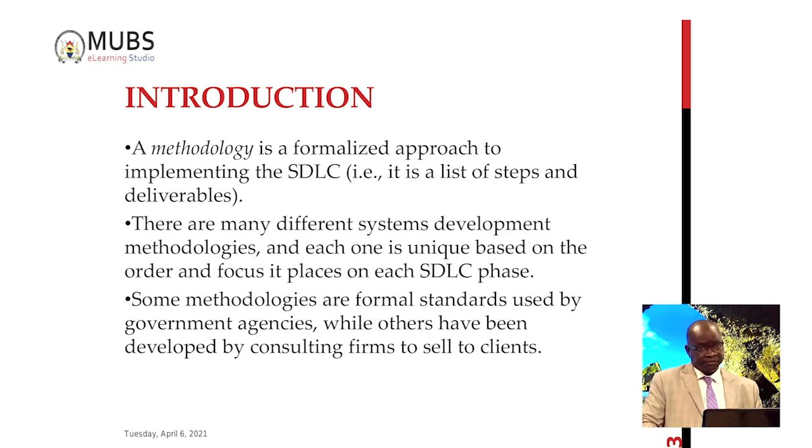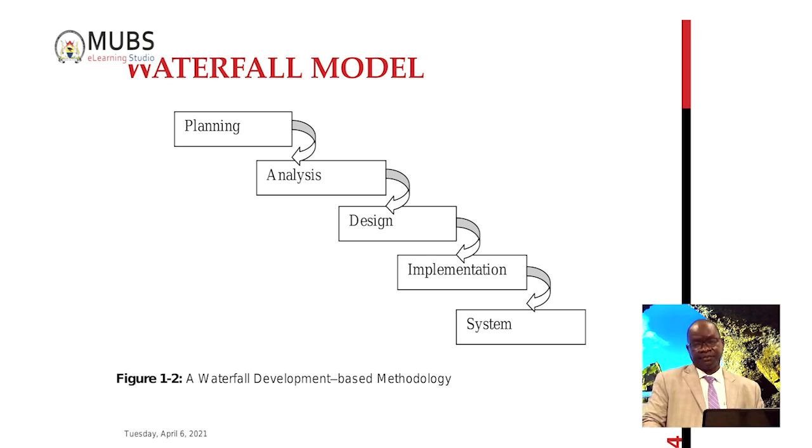And we mentioned them. There were 4 major phases of systems development life cycle. From planning, and planning has its important activities, ranging from systems requisition, feasibility study, and project management plan.